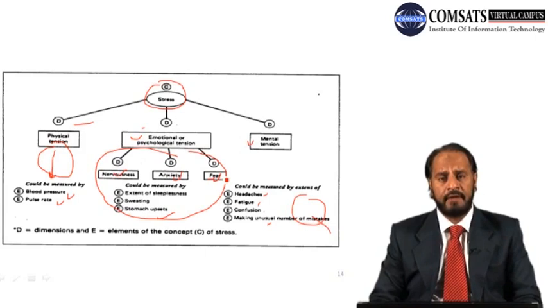While measuring, you could just ask a question, do you feel stress at your job? Could be a very straightforward question. But a real, true measure of stress would require finding information on the physical tension level, that is, the blood pressure and pulse rate. You need information on the emotional, psychological tension, that is the nervousness level, the anxiety level, the fear level of that individual, and the mental tension would also need to be measured, to really measure the stress of an individual.